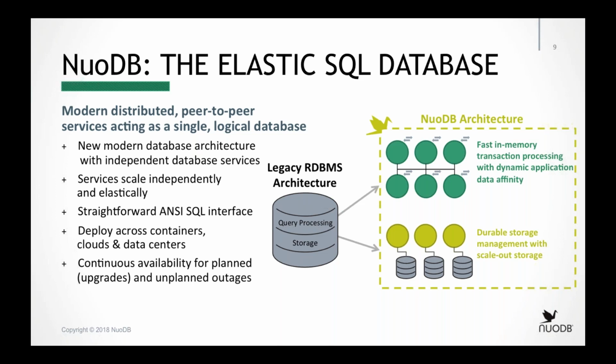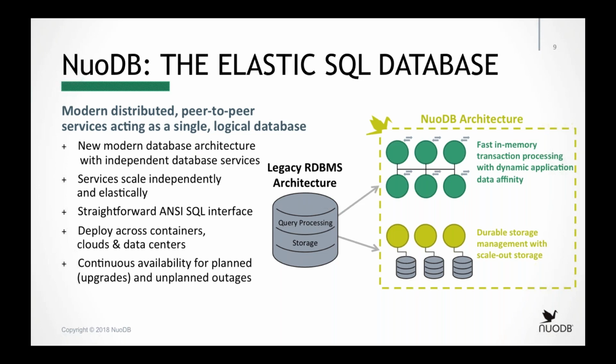Now, when you look at the NuoDB architecture to the right, we see a different architecture. First, up at the top in green is the transaction layer. These circles indicate processes, individual processes that can accept application SQL connection requests and then process the SQL.